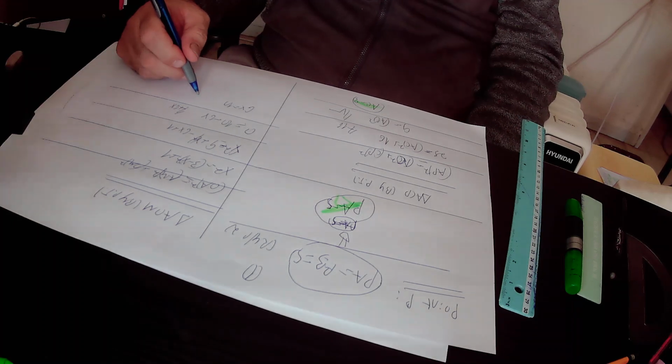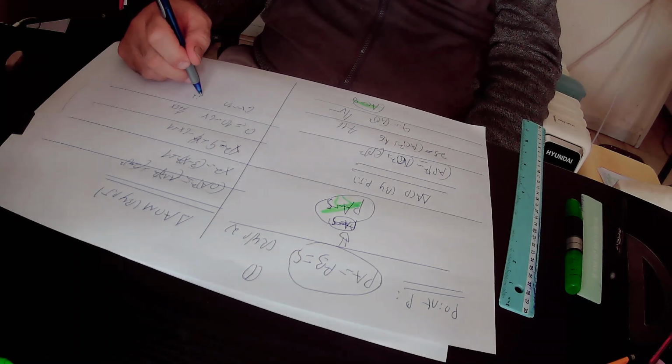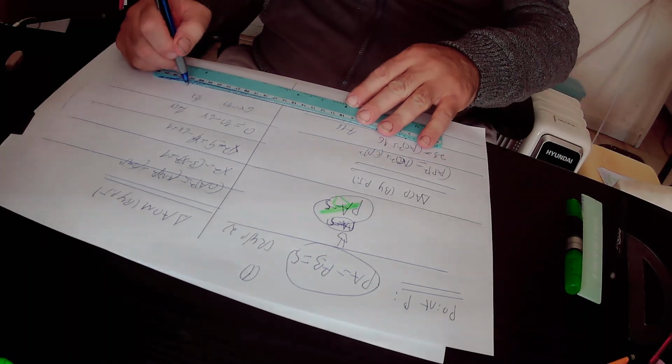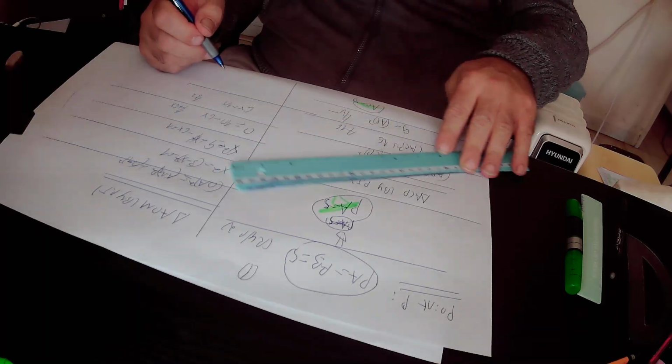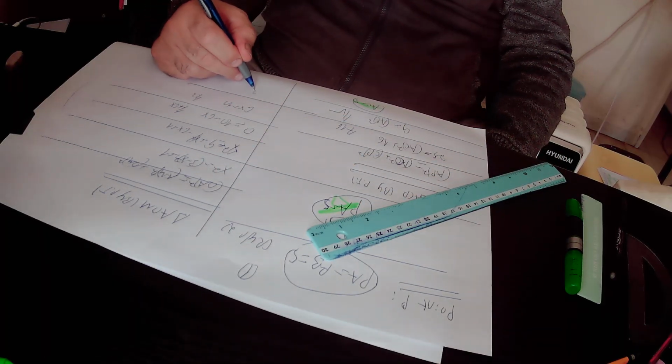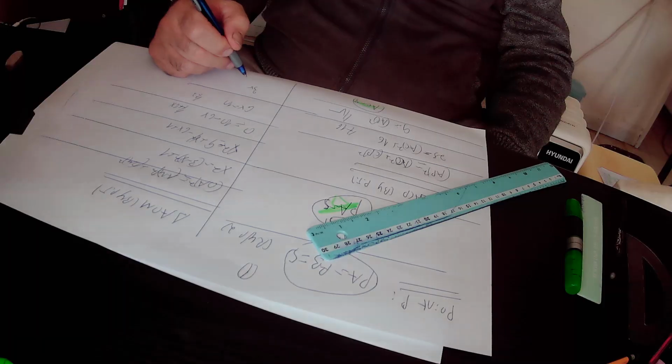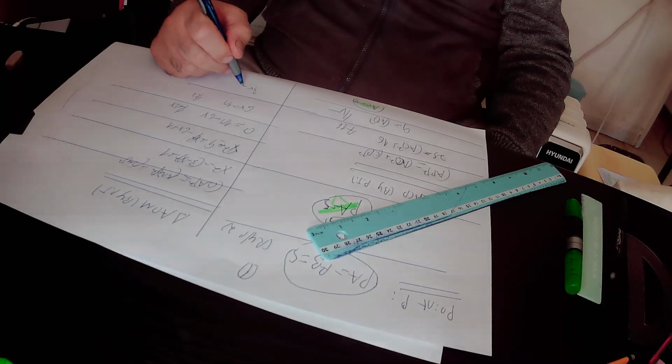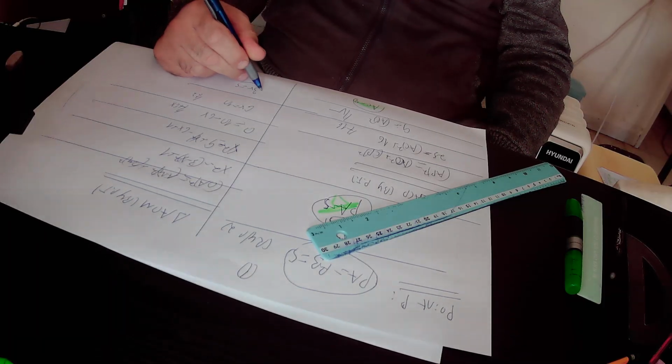Here we divide this equation by 2, so we get that 6X over 2 is 3X, and it is equal to 10 over 2, that is 5. 3X equals 5.